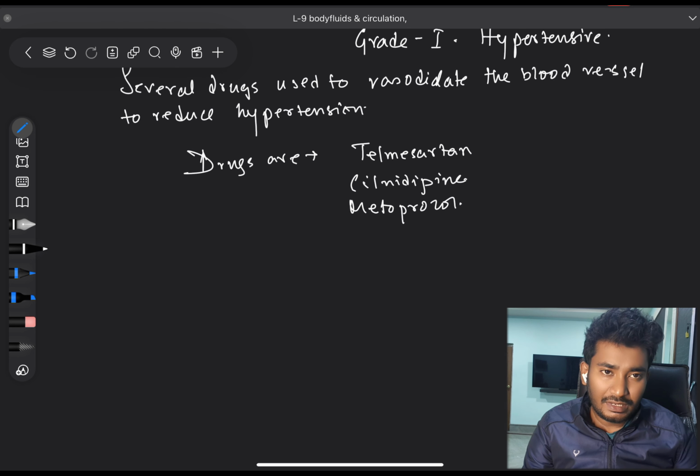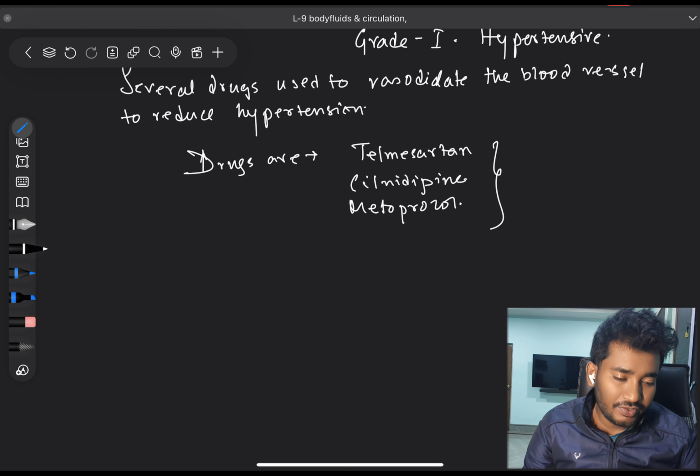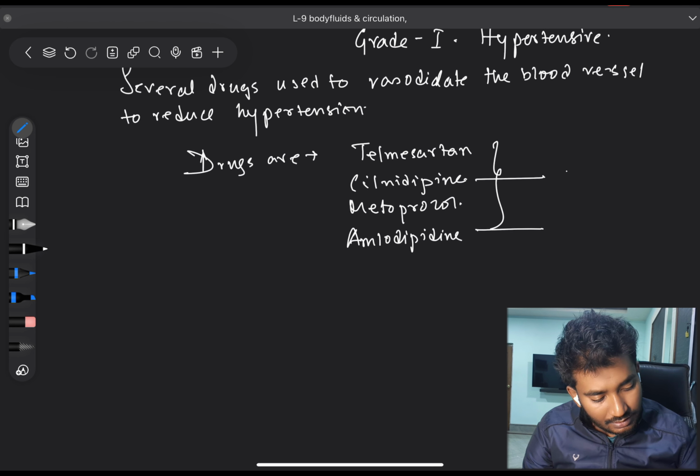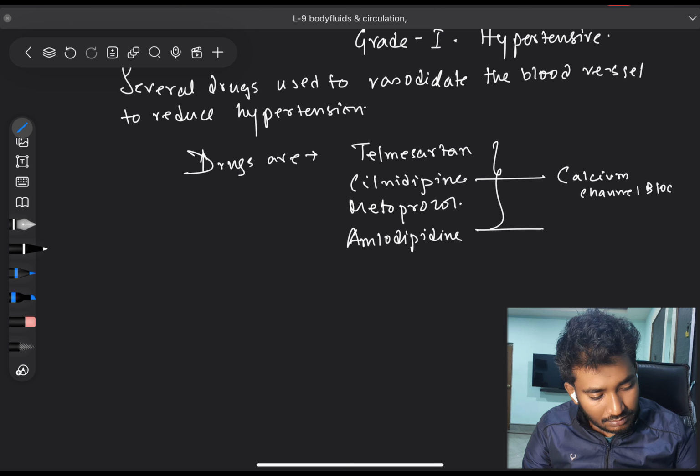Many more, and loop diuretics can also be used to reduce hypertension, but these are the common drugs. Also amlodipine. Cilnidipine and amlodipine are calcium channel blockers.